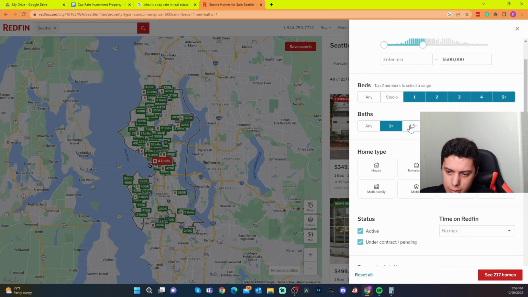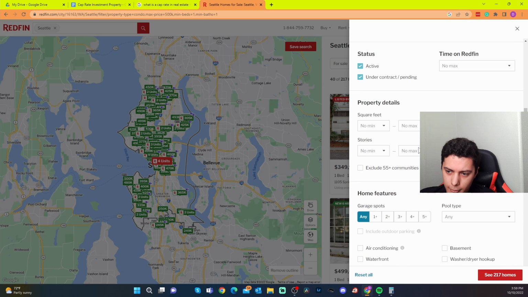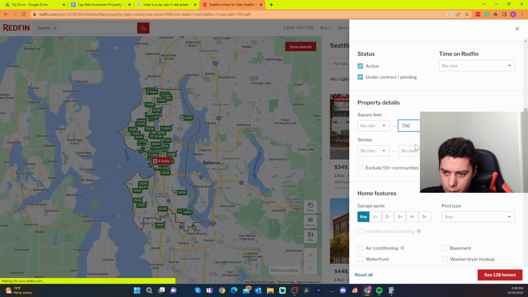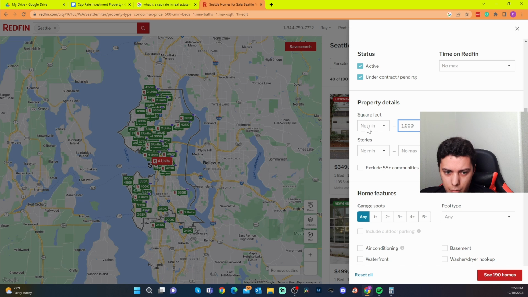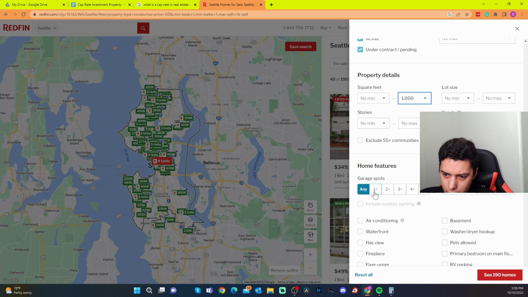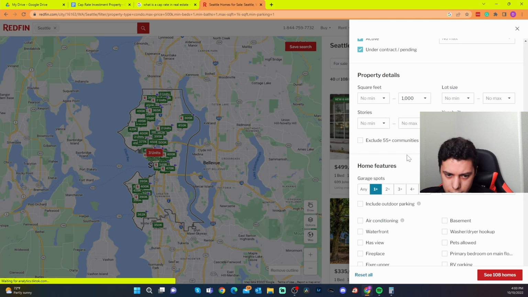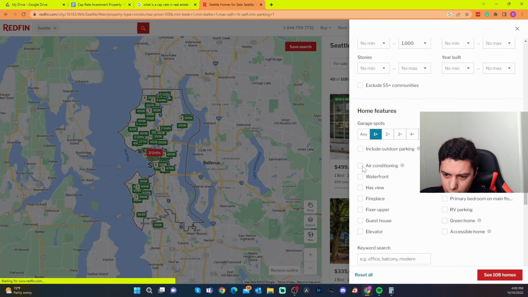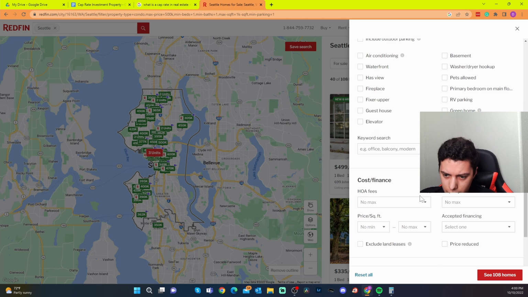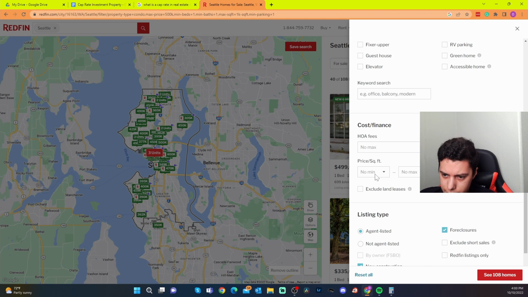So basically what you could do is set the max, nothing more than 1,000. And then a 1-car garage. You guys can change all this stuff, like price per square foot.